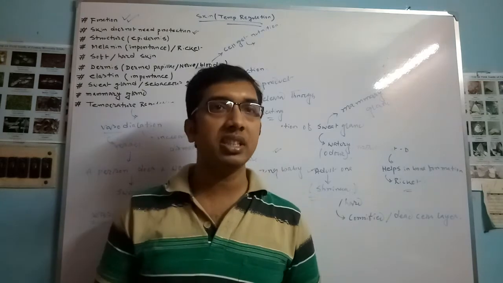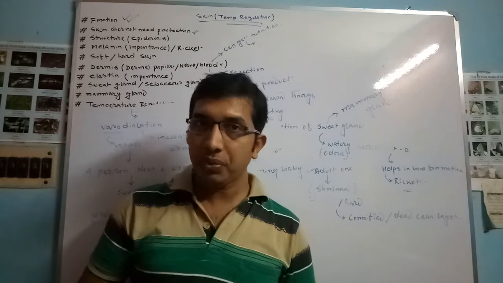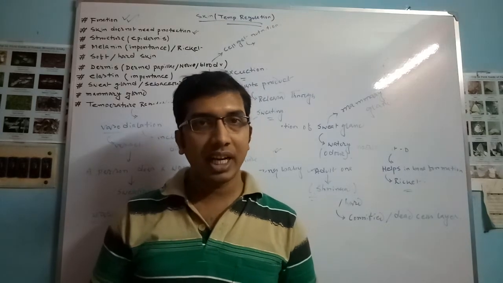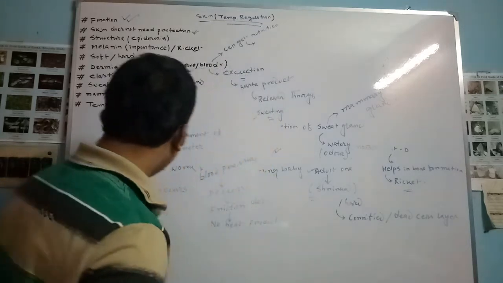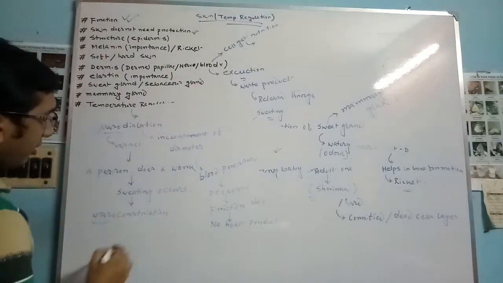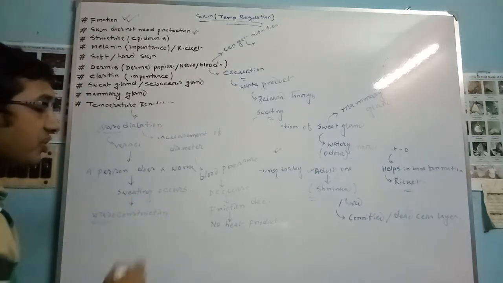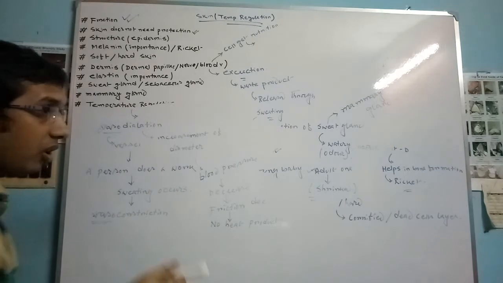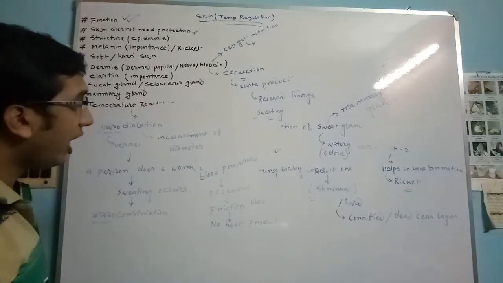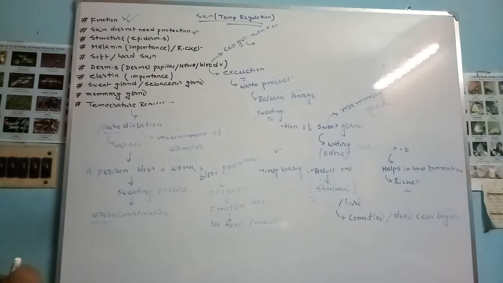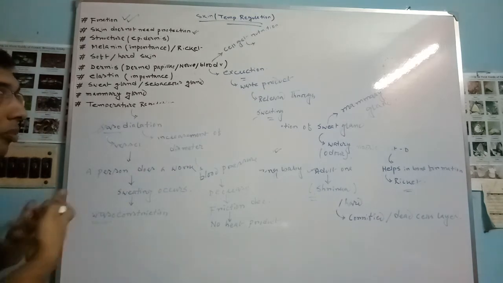When the blood pressure increases, friction increases. And if the friction increases, heat is produced, and that means the body becomes warm. So vasodilation occurs during summers to cool off our body, and vasoconstriction occurs during winters to warm up our body.